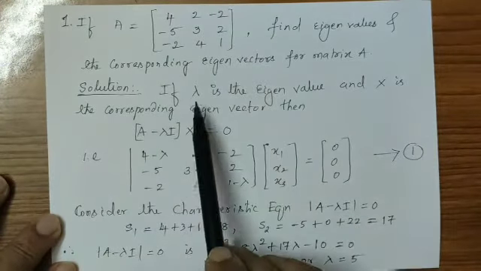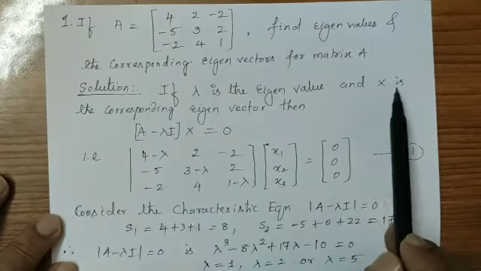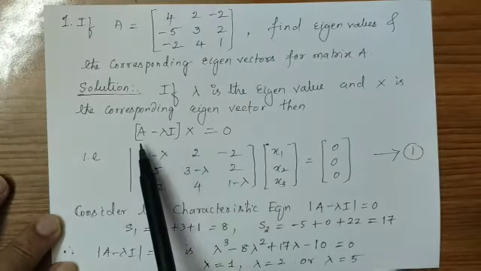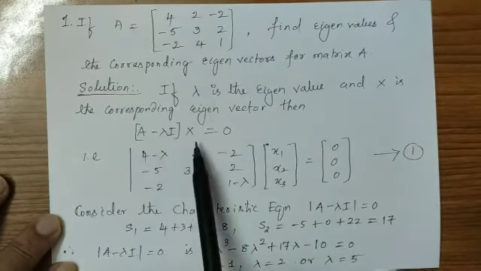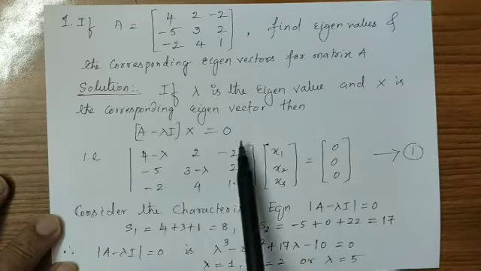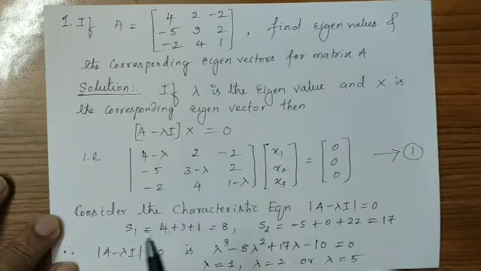Solution: suppose lambda is an eigenvalue and X is the corresponding eigenvector, then we have the system A minus lambda I times x equal to 0, because A times x is equal to lambda times x. Because of that we get this homogeneous system. Now we have to identify the lambda which satisfies this equation.